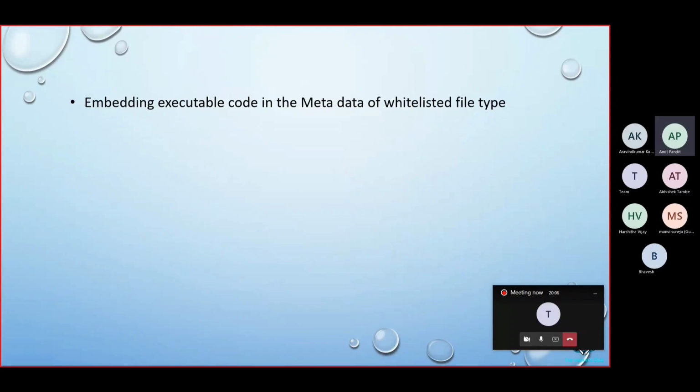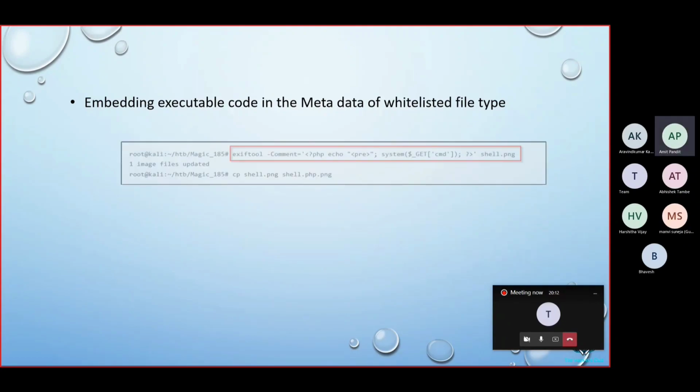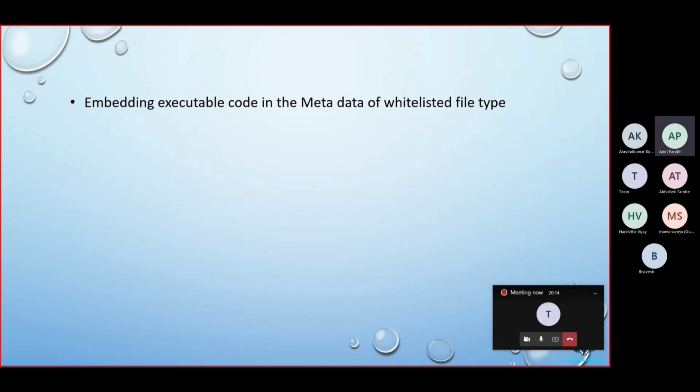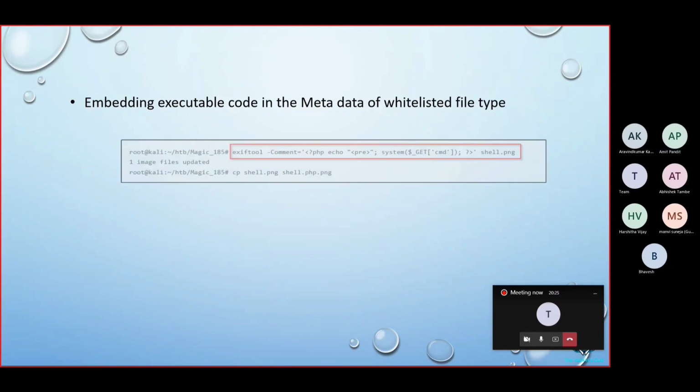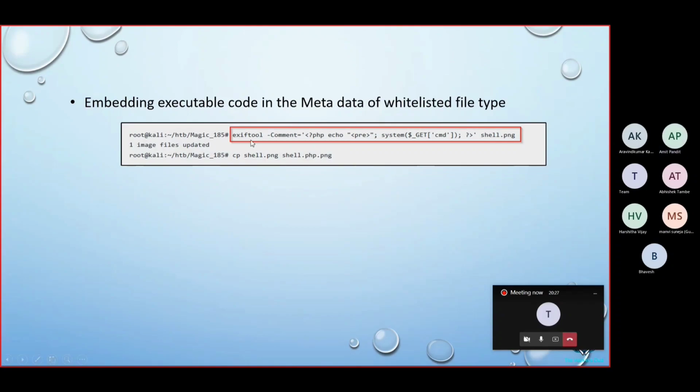Next comes embedding executable code in the metadata of the whitelisted file type. So if the server accepts only image files, like a JPG file, then we will try to embed some code like PHP code in the metadata of the file. Like here, this exiftool.